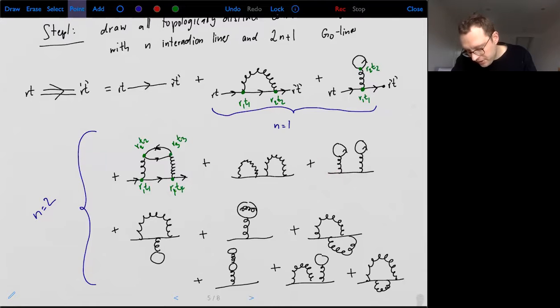Then there is some stuff in the middle that involves the interaction, and then there's an outgoing G0 line. And each and every diagram, well, except for the first one, has the structure: an incoming G0 line, something complicated involving interactions, and an outgoing G0 line.